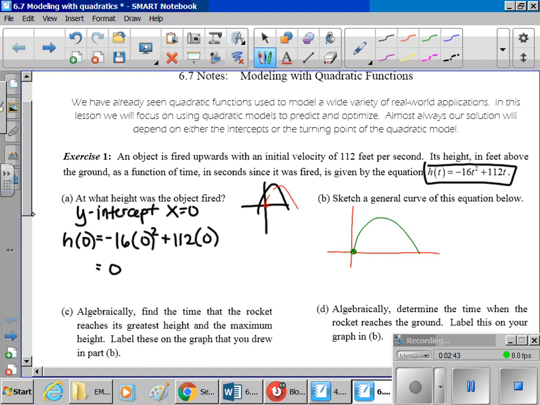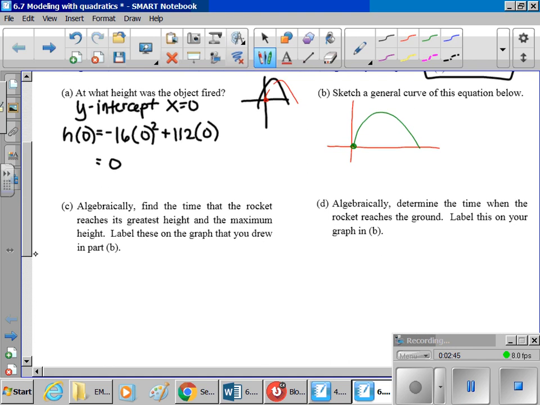All right, so moving on to C. Algebraically, find the time that the rocket reaches its greatest height and the maximum height. Label these on the graph that you drew in part B. So what I'm looking for is my y that's associated with my x, or my h of t, not my t.